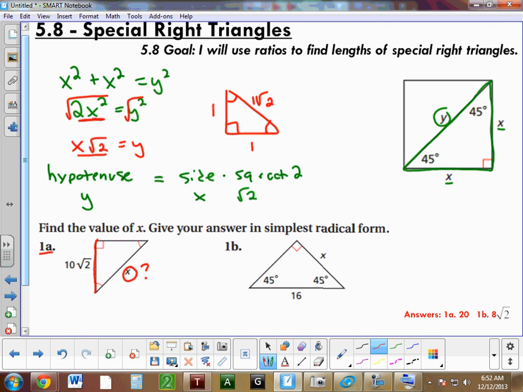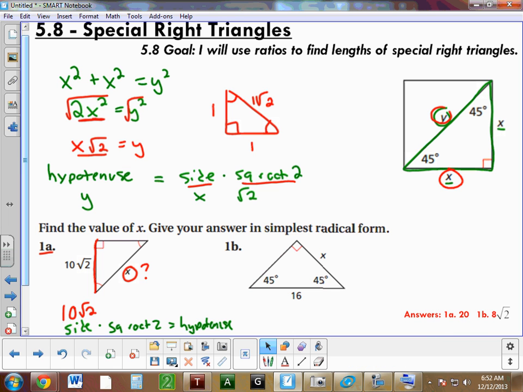Now, if you looked at the examples that we did over here, if I have a side and I want to find the hypotenuse, I should be able to take the side and just multiply it by the square root of 2. So the side is 10 square root of 2. If you look at my relationship up there, I've got a side, so I should be able to multiply that by the square root of 2, and I should be able to get the hypotenuse.